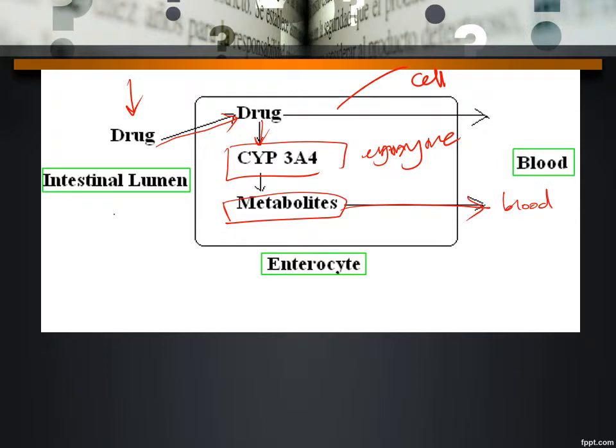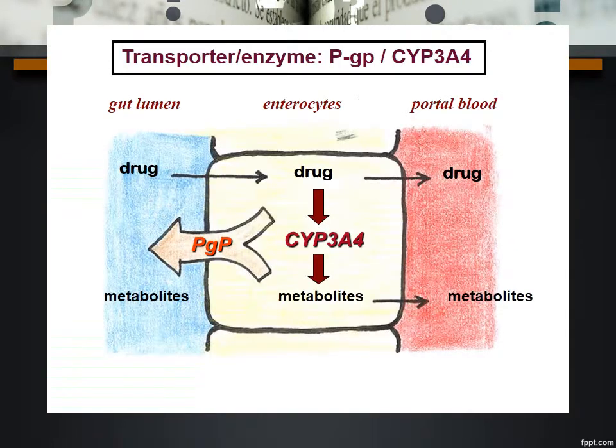If the drug is metabolized into inactive metabolites, then you will have a reduction in bioavailability. However, if the drug is metabolized into an active drug, then of course you will have an increase in bioavailability. This is the summarized schematic of the influence of PGP and cytochrome P450.